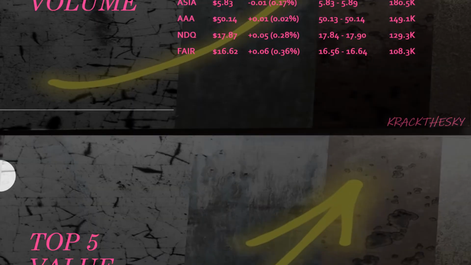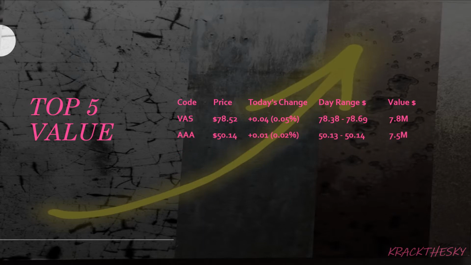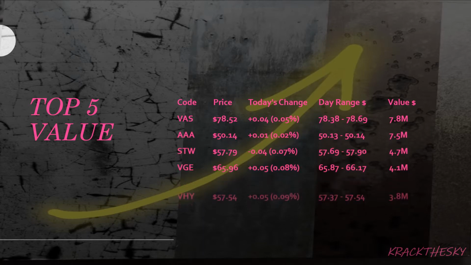Moving on. Top 5 value. What have we got today? Probably some of the usual suspects, I should say. VAS is a Vanguard Australian Shares Index. AAA is our BetaShares Australian High Interest Cash ETF, I should say.